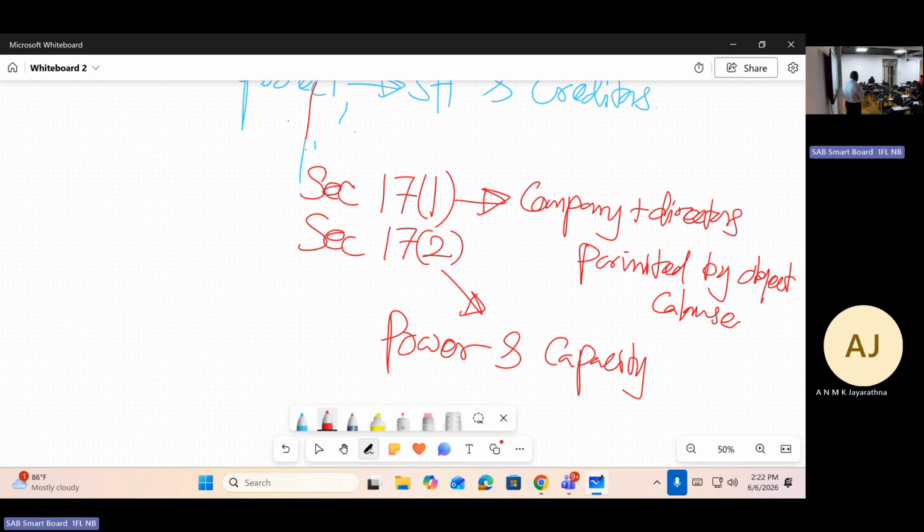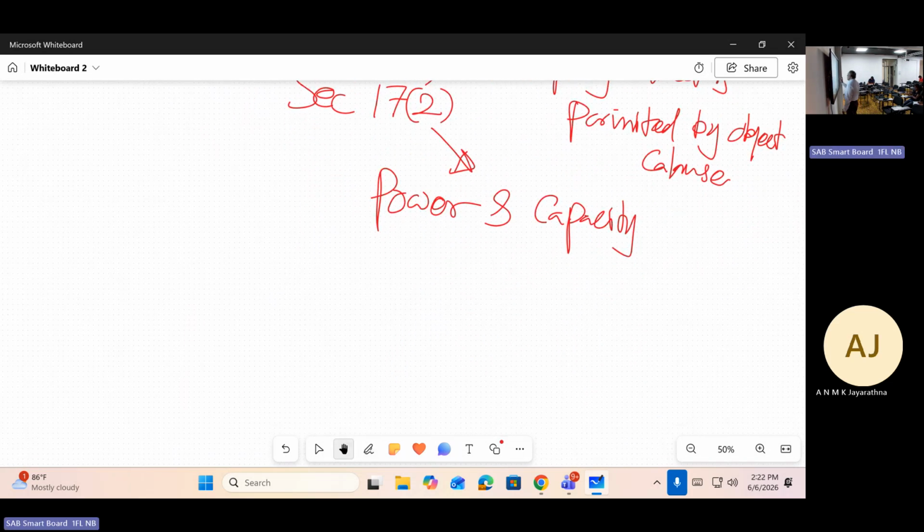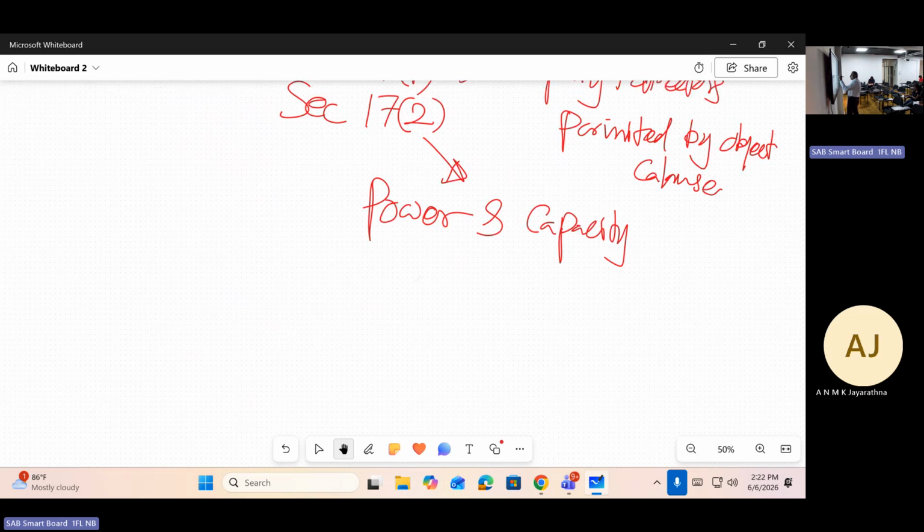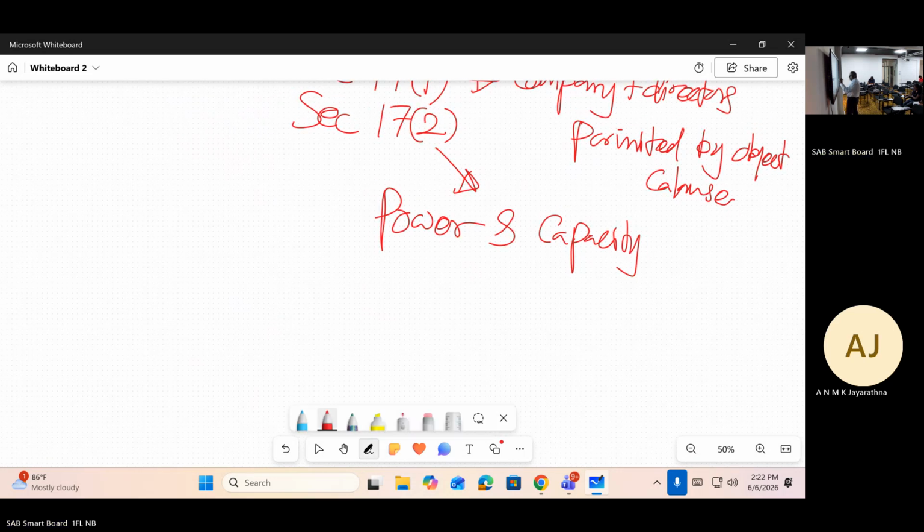Cannot be limited. Power and capacity of the company cannot be limited by its object clause. Therefore, all the transactions are valid.